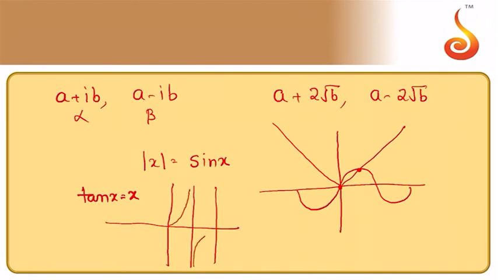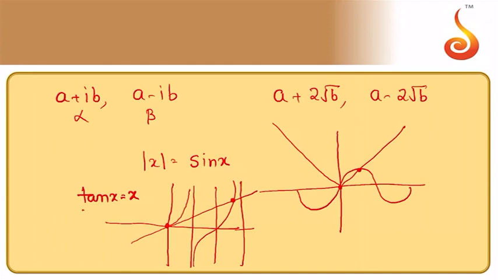Similarly, you might have come across tan x is equal to x. In the same way, we draw the tan x graph. This is the tan x graph. Next it will start like this. They will give you an interval. If this is the tan x graph, this is the y equal to x graph.